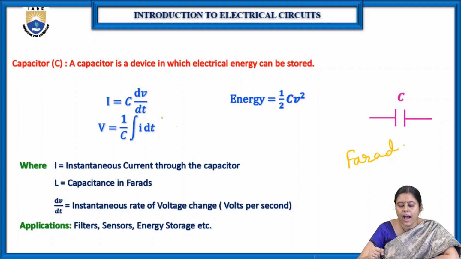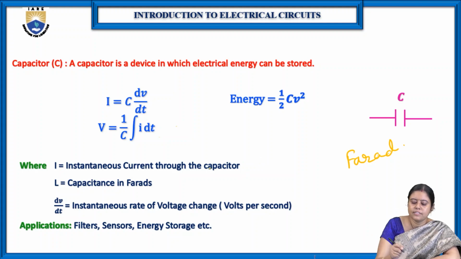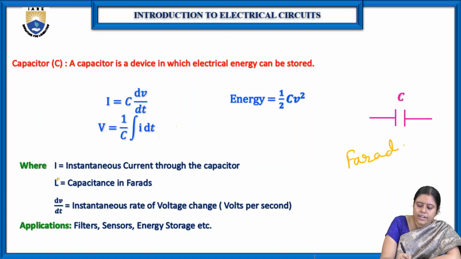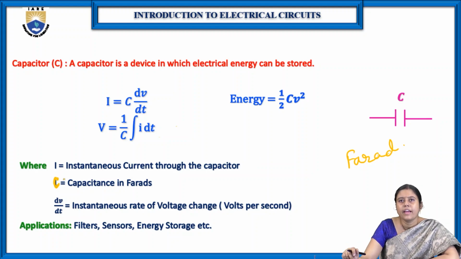Here I is the instantaneous current through the capacitor, C is the capacitance in farad, and dV by dt is the instantaneous rate of voltage change, in volt per second.